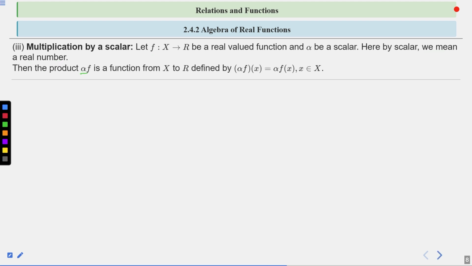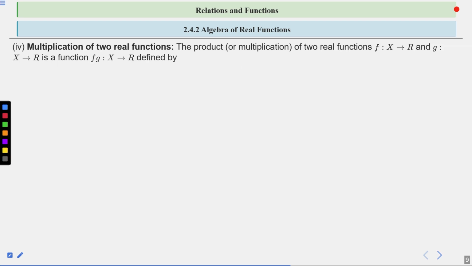The product alpha f is a function. This function is from X to R, and (alpha f) of x is simply alpha times f(x). Clear? It will be all clear after you see an example. So just wait for the example.